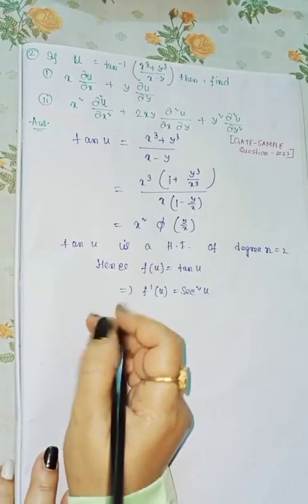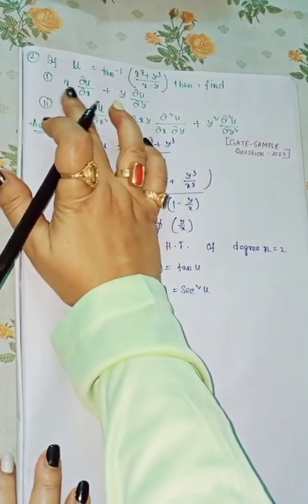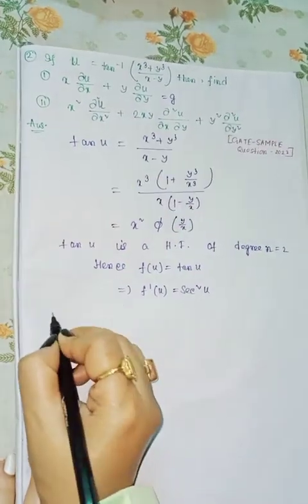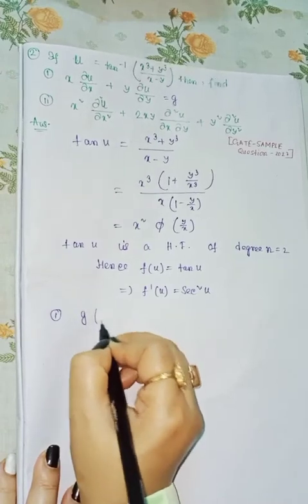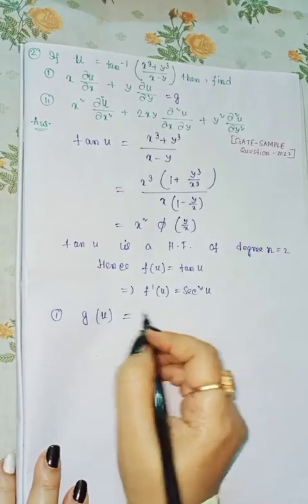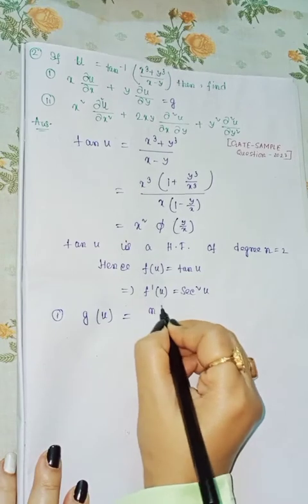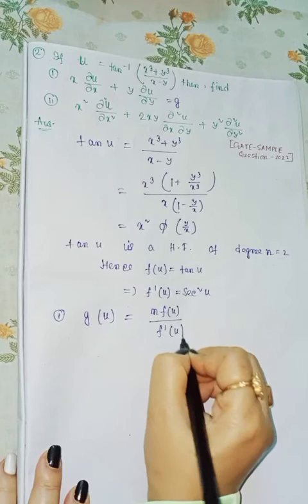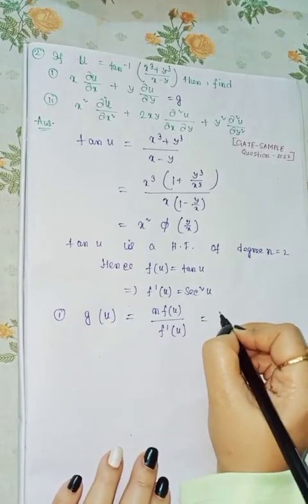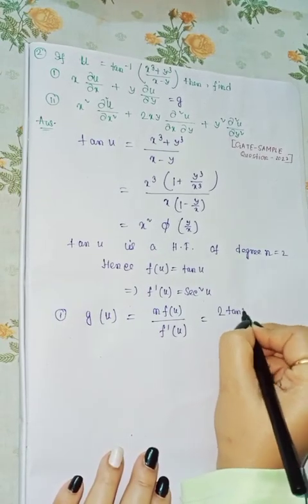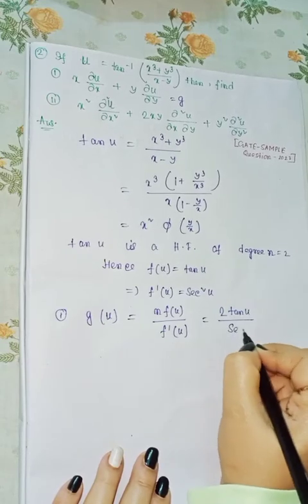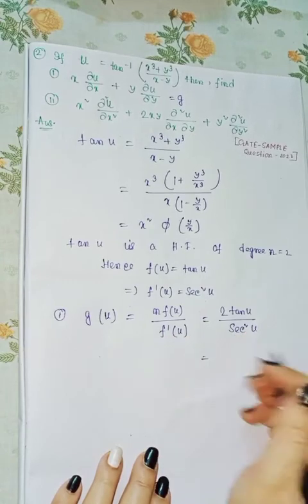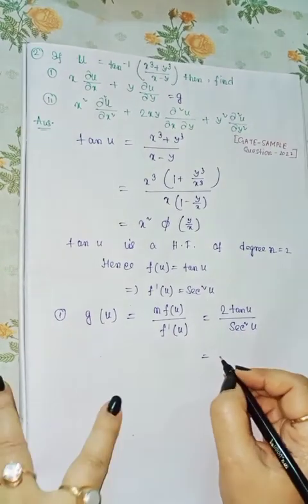Okay, so now we may write this one as g. So now g of u is equal to what? g of u is equal to n into f of u divided by f dash u. So this becomes twice n u by sec square u, as we are differentiating this, so that this one becomes sec square u.